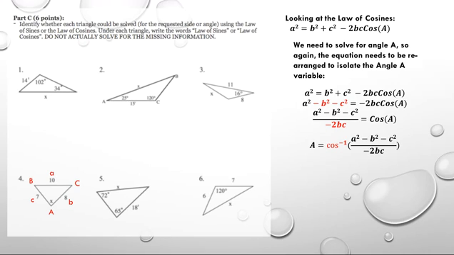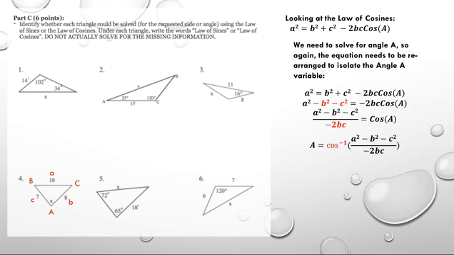Here we're solving for angle A instead of for the side. So we need to rearrange our formula so that we isolate the angle variable. And to do this, we need to be very careful that we're using the properties of equality as we subtract b squared and c squared, and then we divide by negative 2 times b times c, and then finally take the inverse of the cosine.